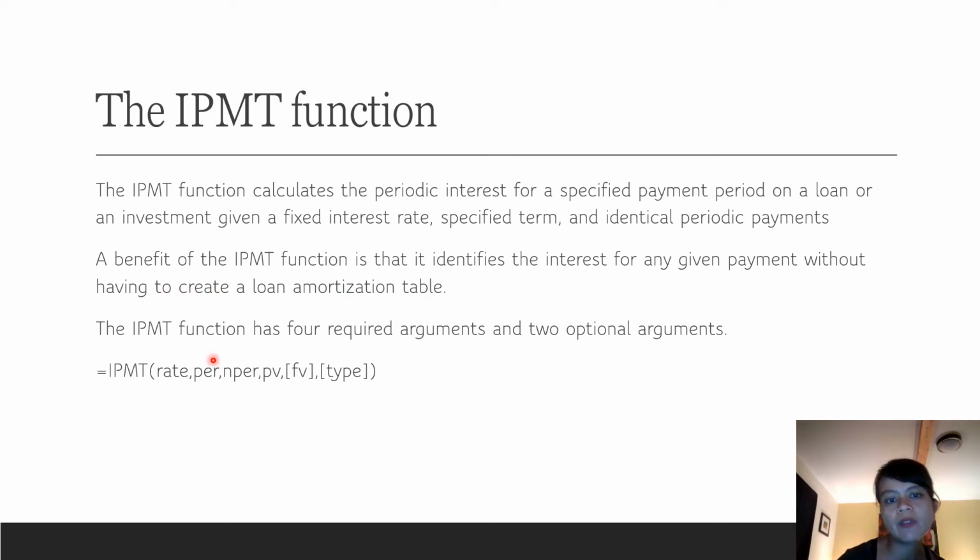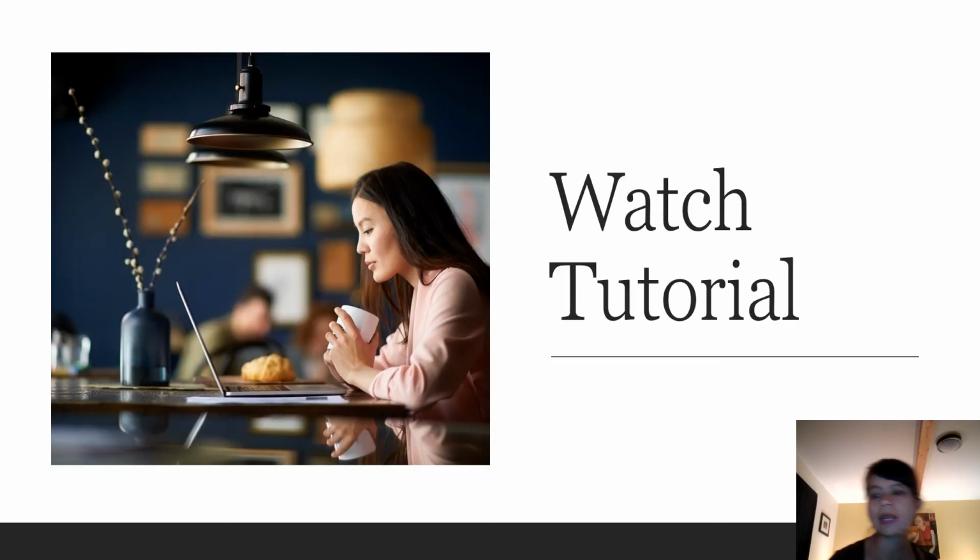The IPMT function has 4 required arguments and 2 optional arguments: rate, PER, NPER, and PV, then FV and type. Right now, you are ready to watch the tutorial video, and when you're done, please come back to the PowerPoint.